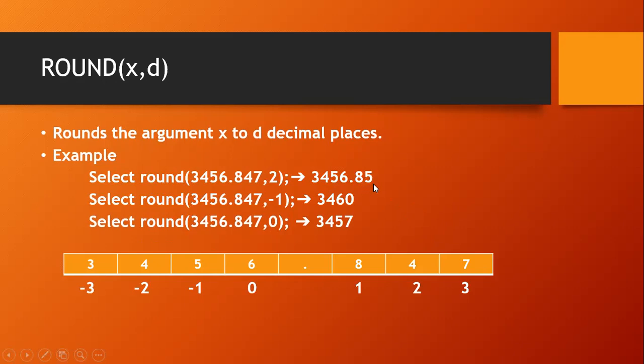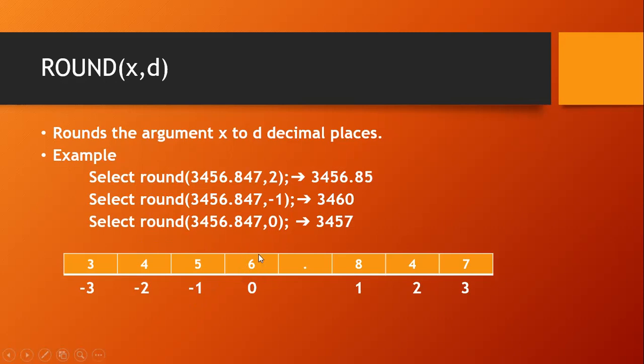3456.85. Coming back to this question, select round 3456.847, comma -1. Right now your cursor is here, so underline this position. Now you round off the number to this -1 position, that is 6.